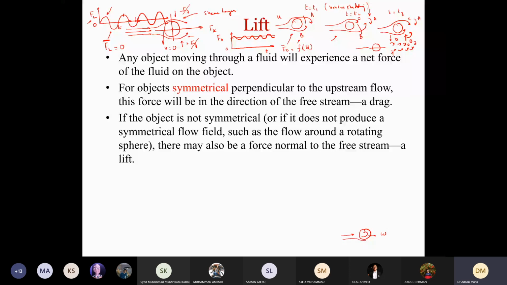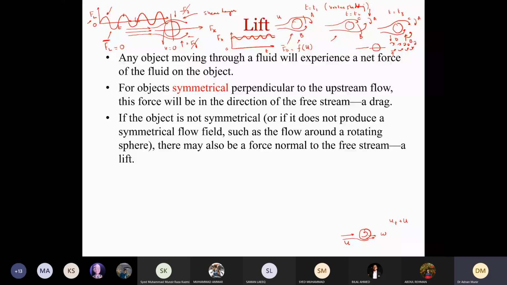The incoming flow velocity u is already there, but because of this rotation omega there will also be tangential velocity on the surface, and when we add that tangential velocity u_t plus u, that will increase the velocity on the bottom side of the cylinder. Whereas if you look at the rotation, the tangential velocity because of this omega will be in this direction here.